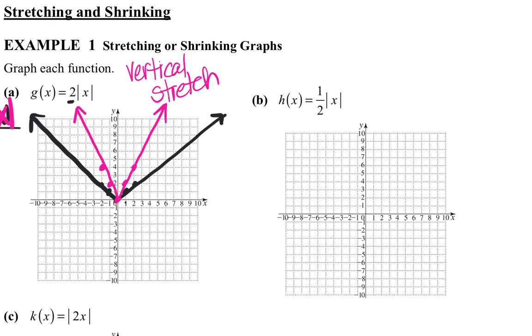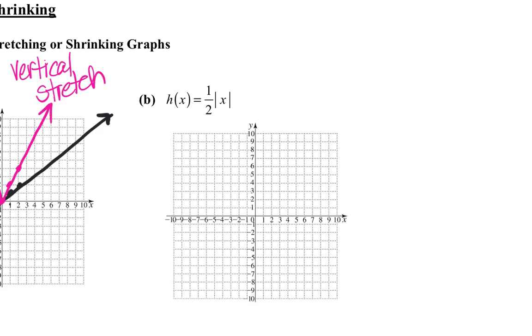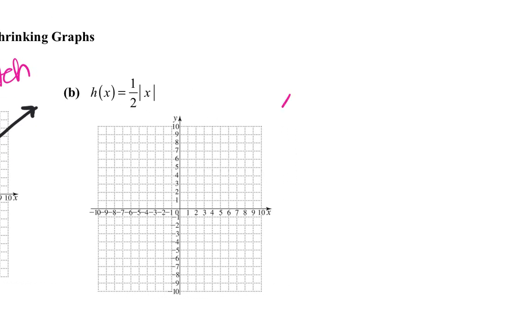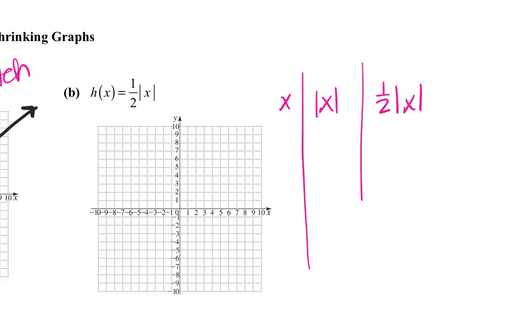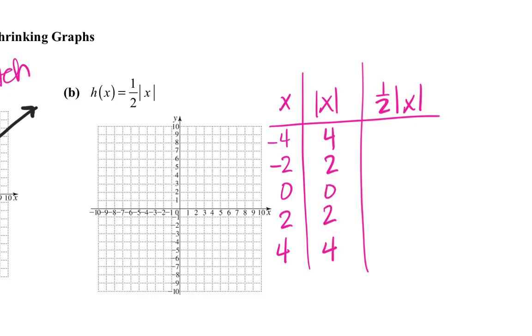Now, if you look over here at this one, we're doing the same thing. We're going to do x, the absolute value of x, and 1/2 of the absolute value of x. This time, since we're going to be dividing by 2, I'm only going to choose numbers that are divisible by 2. So I'm going to do negative 4, negative 2, 0, 2, and 4. This would be 4, 2, 0, 2, 4, because the absolute value of anything negative is positive.